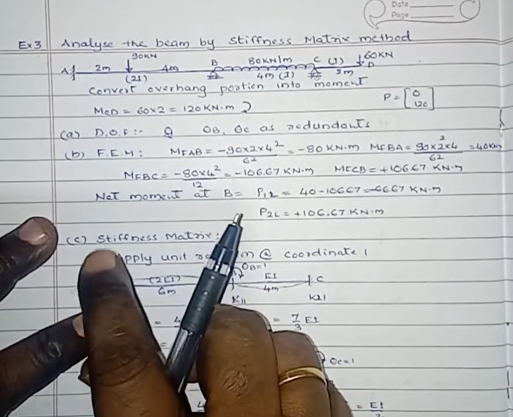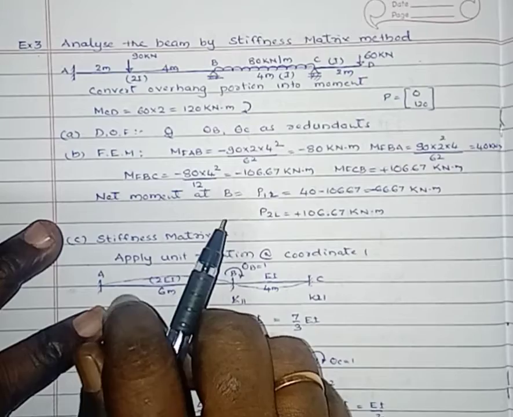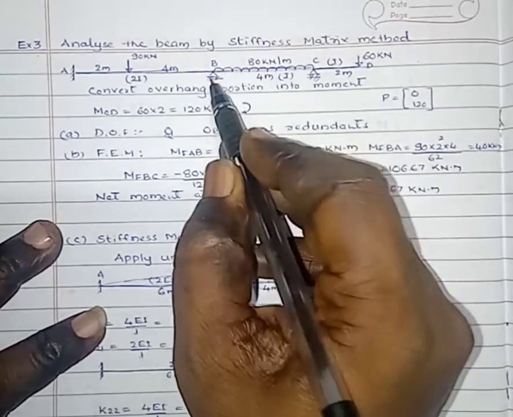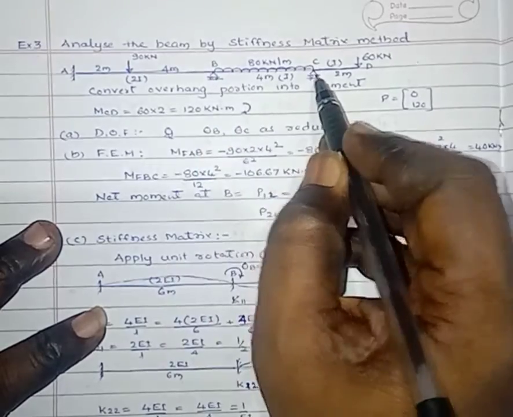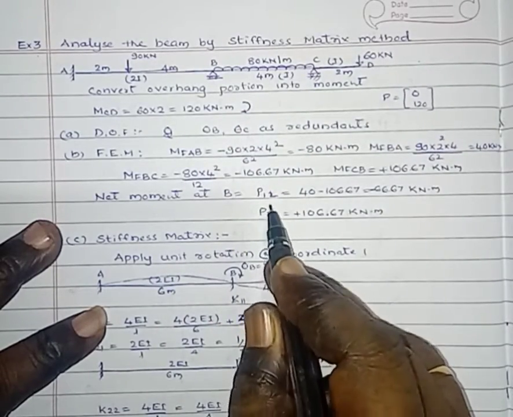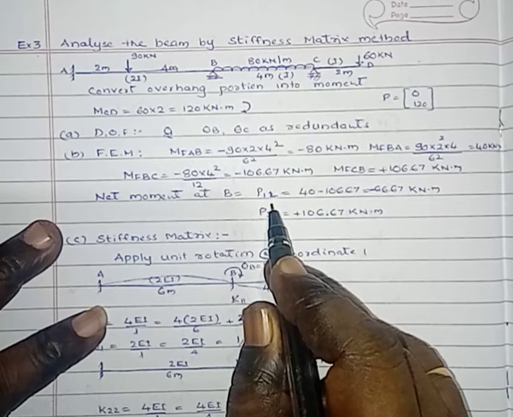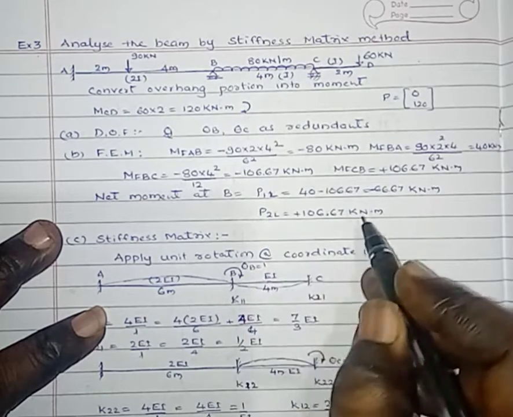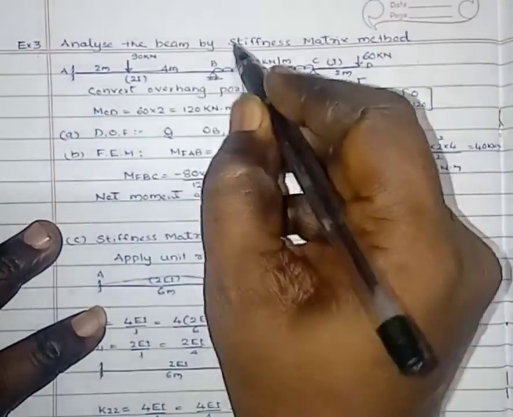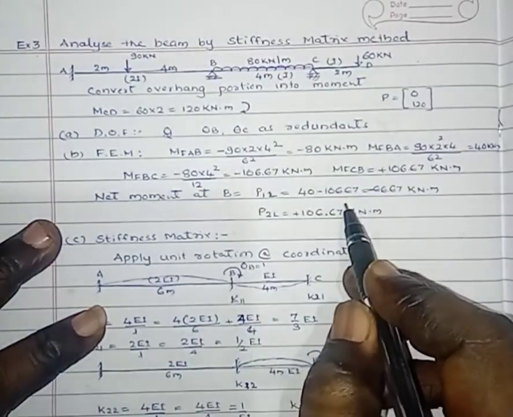Now we want to calculate the loads due to the applied load at the various coordinate points. This is coordinate 1, this is coordinate 2. P1 at coordinate 1 due to the applied loads in spans AB and BC is 40 minus 106.67, that is anticlockwise.